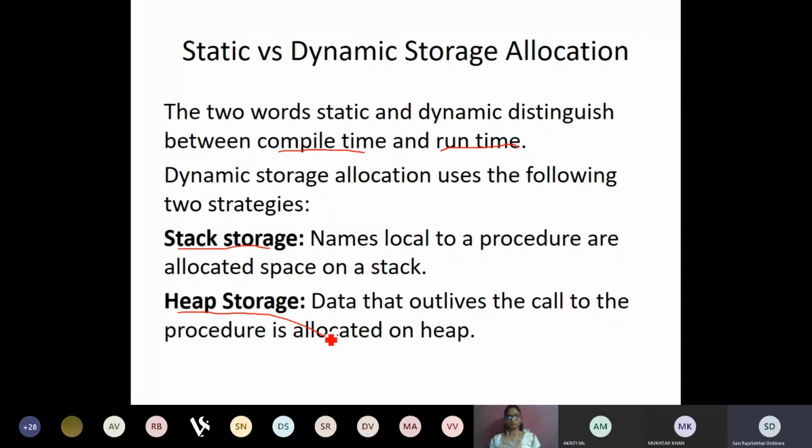So local procedures can have space on the stack, because once the procedure call is done and it returns back, the space can be utilized by some other procedures. When it comes to heap storage, we have data that live beyond the procedure call, that are going to be alive for a longer time. In such cases, the heap storage is going to be very useful, and heap storage is going to be used.